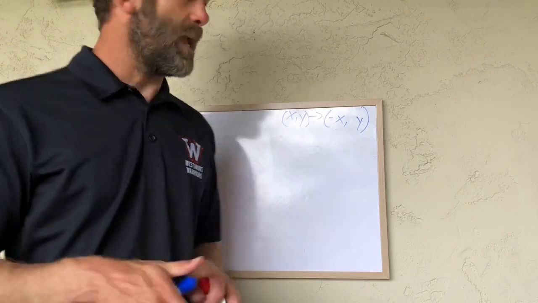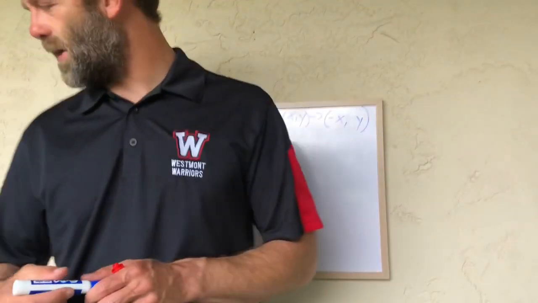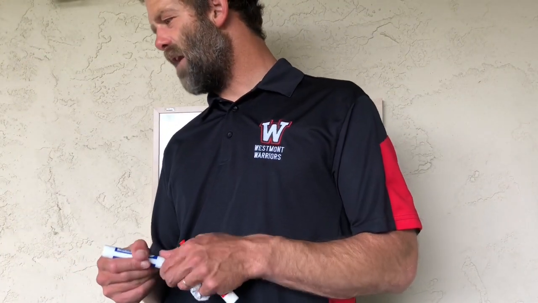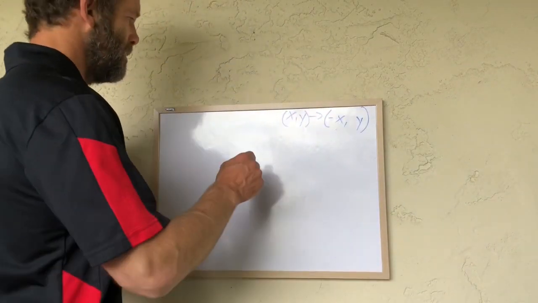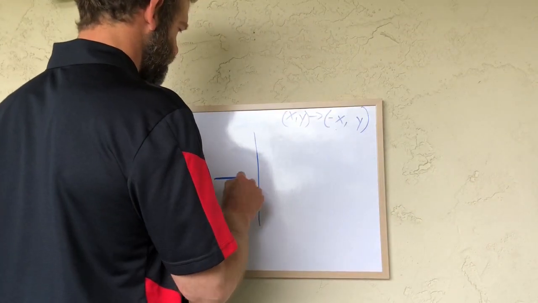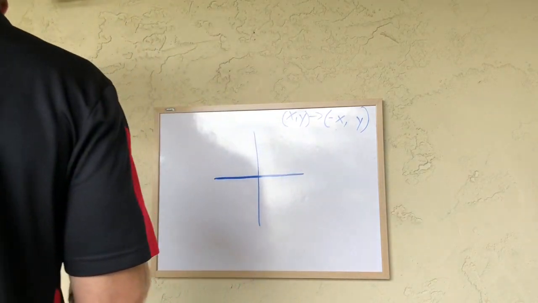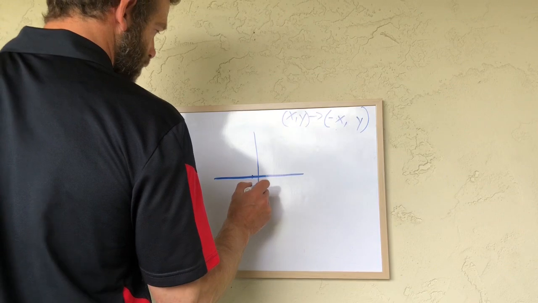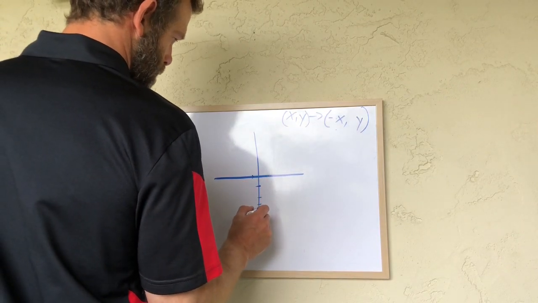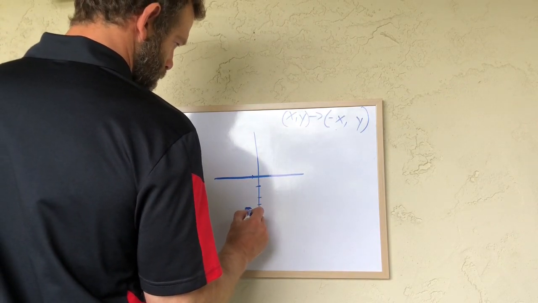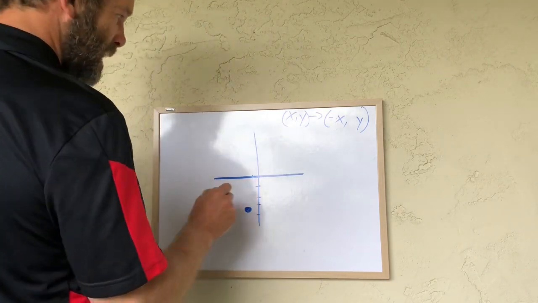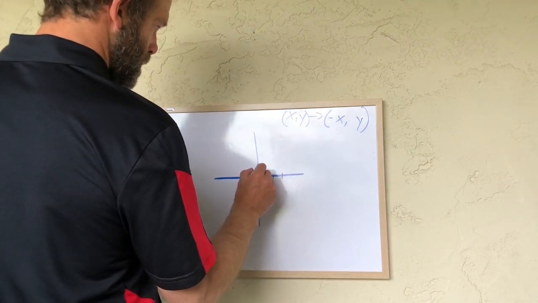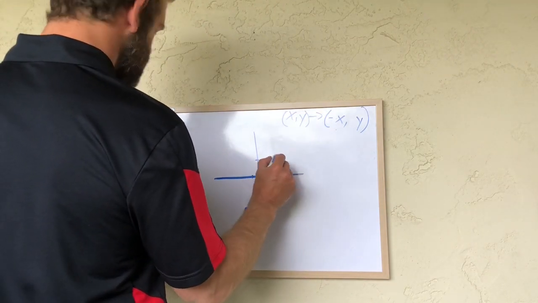The other thing is, look at the example that I gave you. I said graph triangle ABC. So A is located at -1, -4. B is located at 3 and 2.